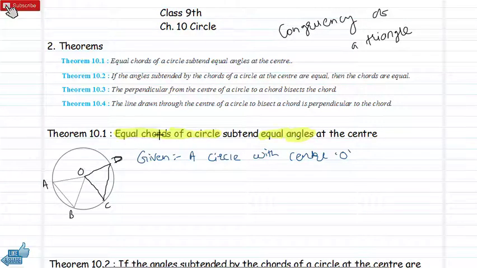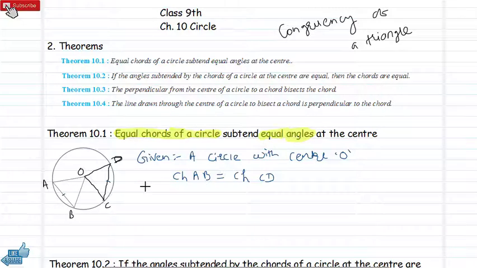Equal chords of a circle. So I write here chord AB, or instead of the complete spelling of chord, I use the abbreviation CH. Chord AB is equal to chord CD. That was the only given.